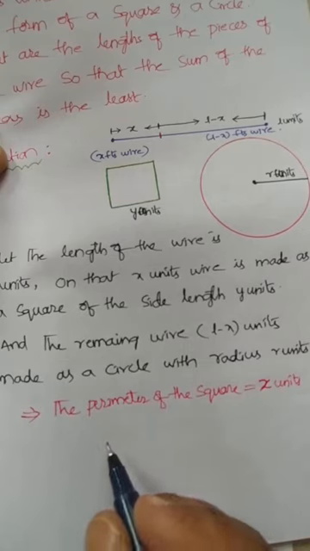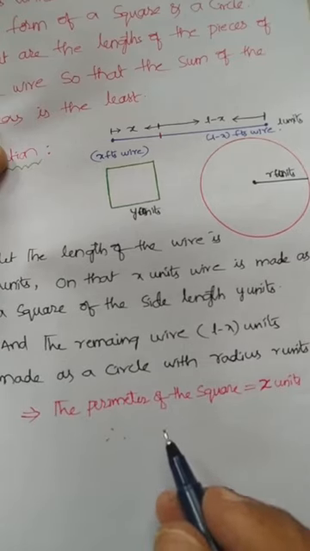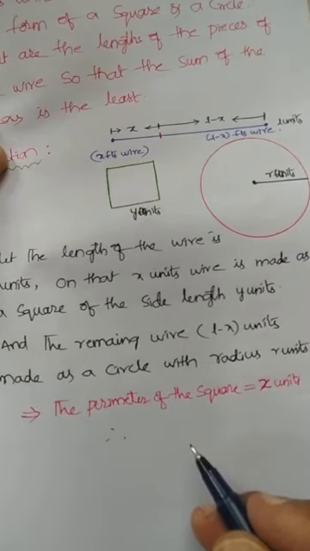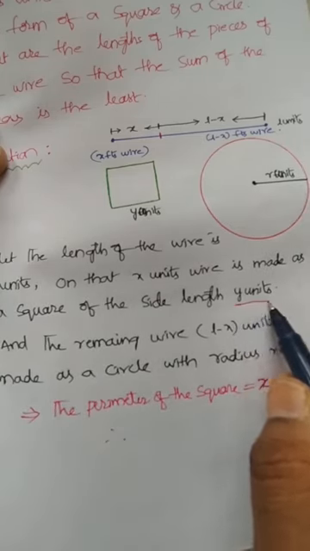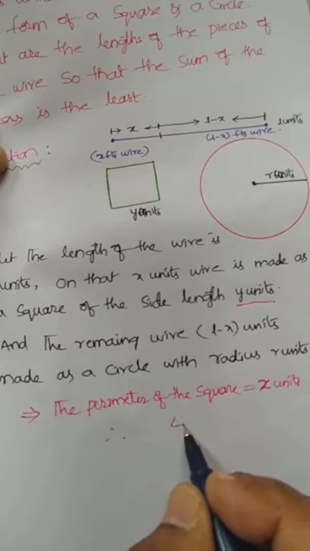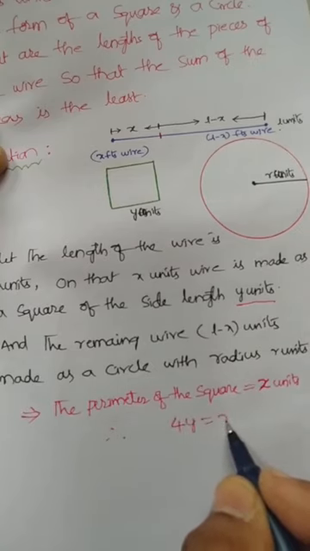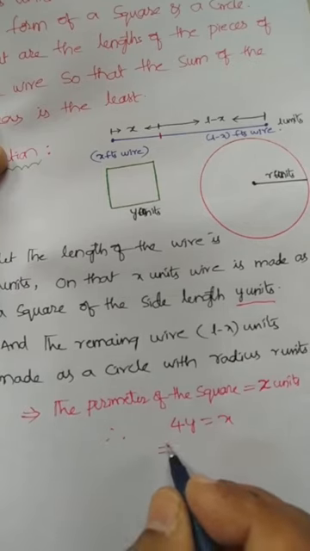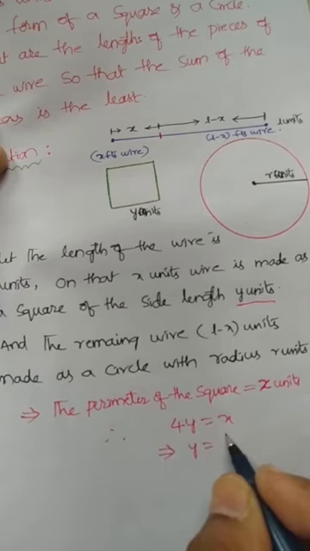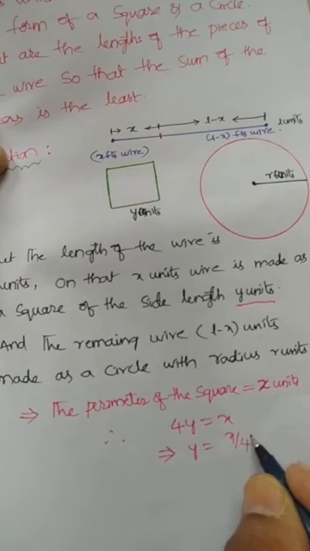Therefore we get the equation: the perimeter of the square with side length y is 4y equals x. So y can be written as x by 4. This is equation number 1.